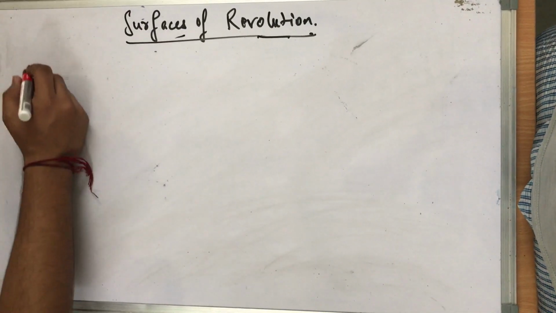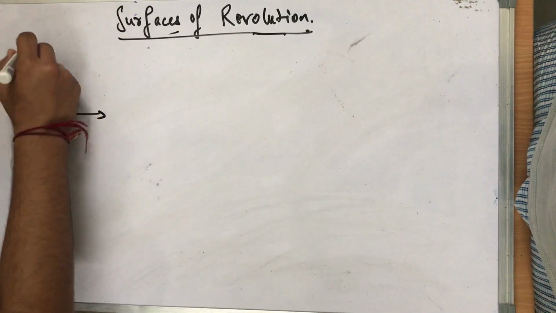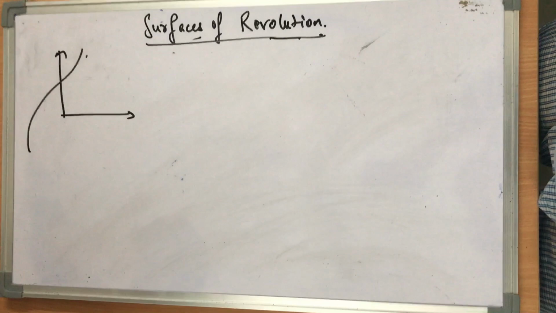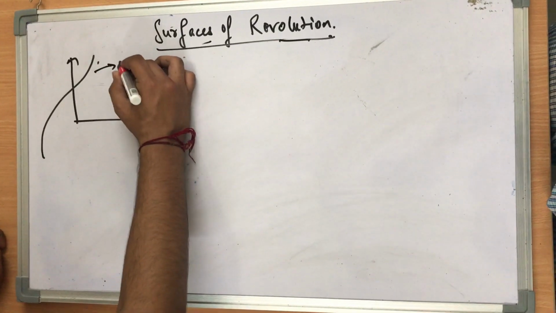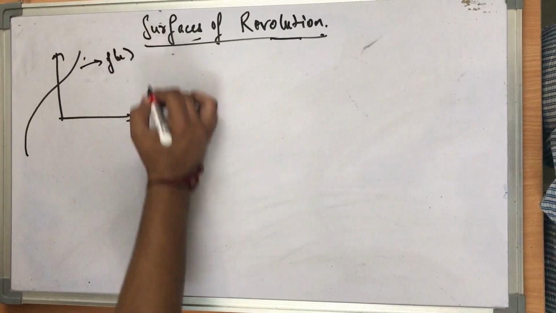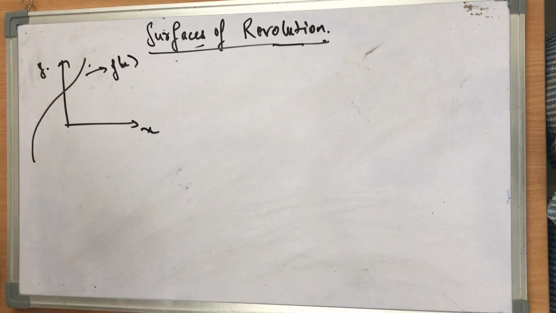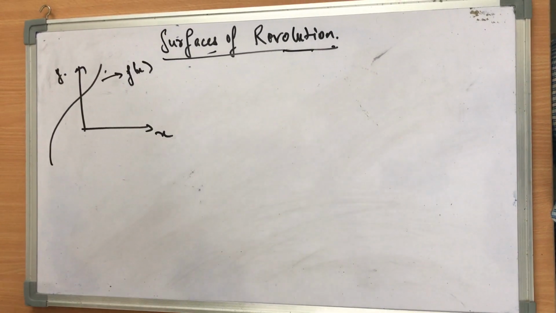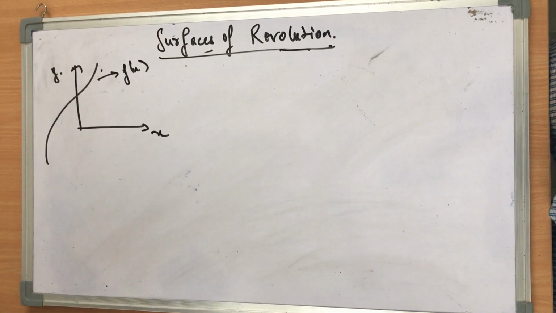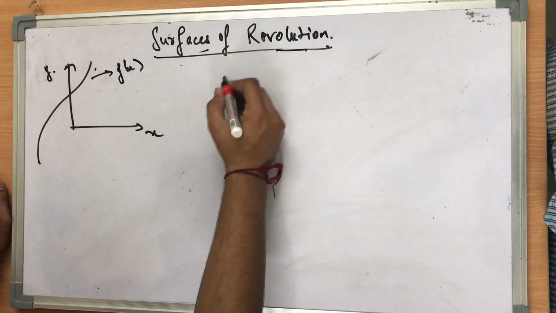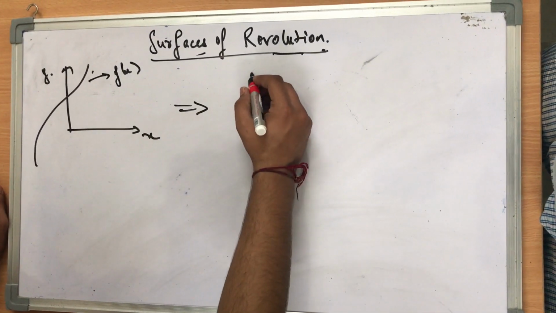So I have a curve y is equal to f(x) which has been rotated about the y-axis first. Basically every point on the curve is rotating about a circle which is centered at this axis.